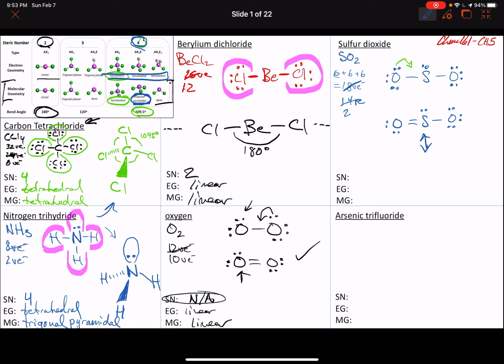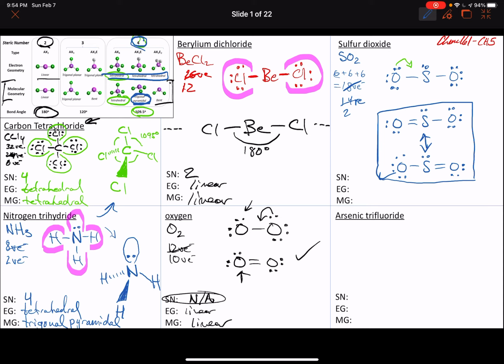That must be in resonance with the double bond at the right. And those would be the Lewis structures that are in resonance with one another, and those are both part of the correct answer. You need them both to report the complete Lewis structure here.